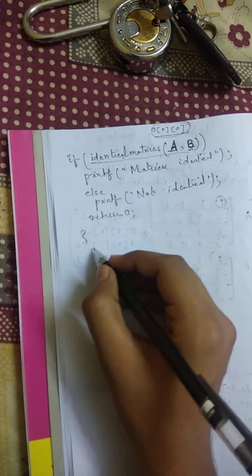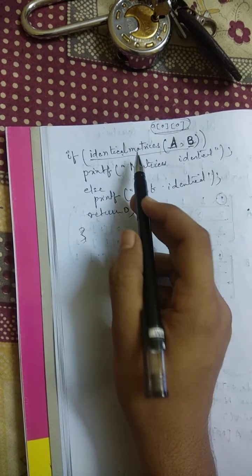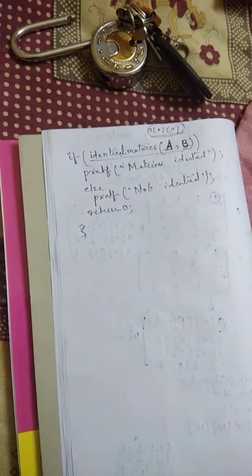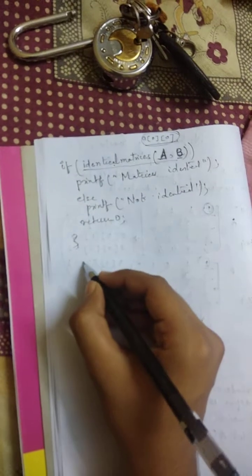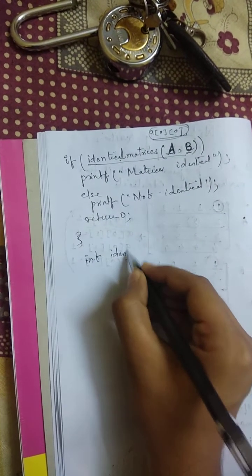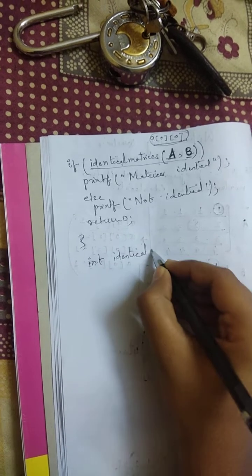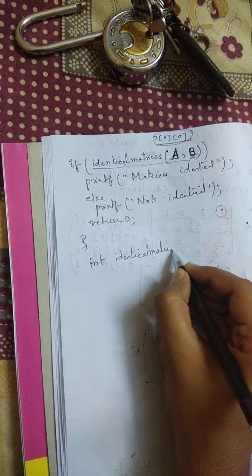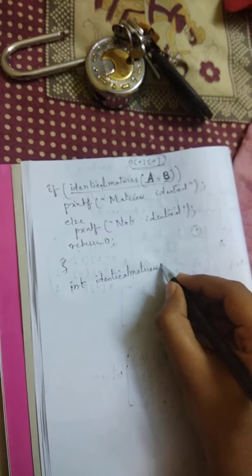After making the main function, we have to develop this user defined function. So integer identical matrices; you can take any name. I have taken identical matrices, you can take any kind of name.